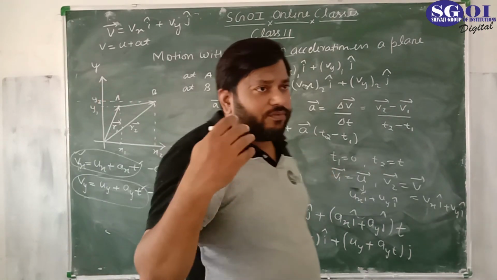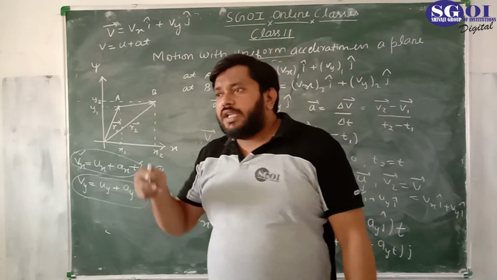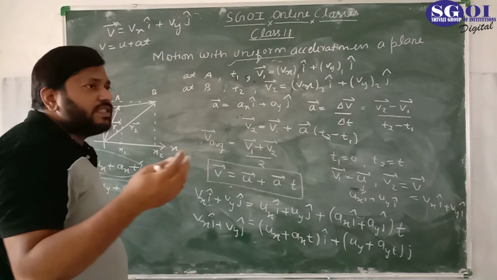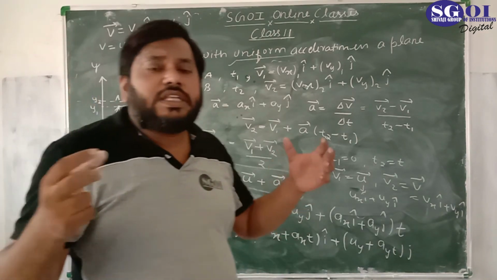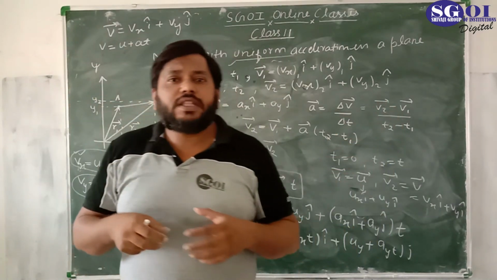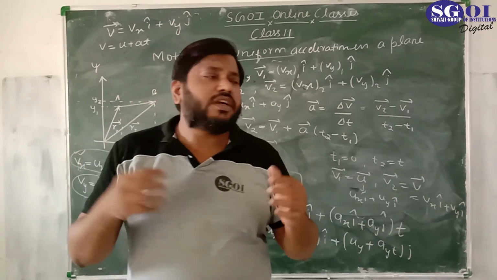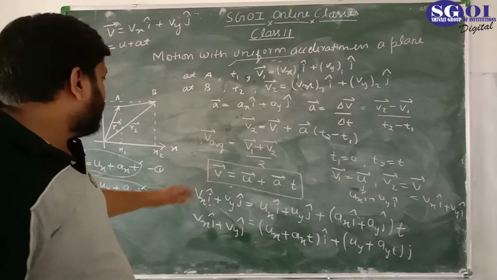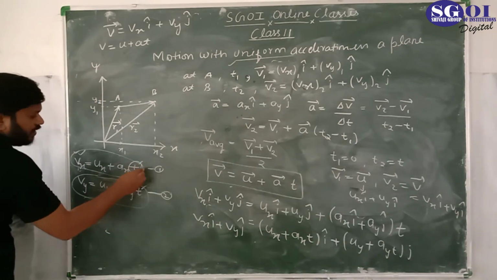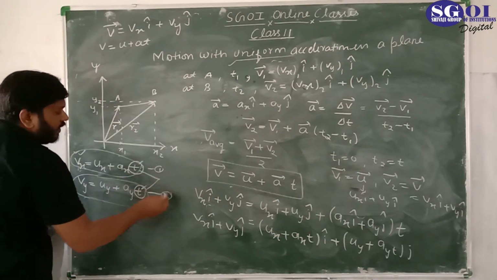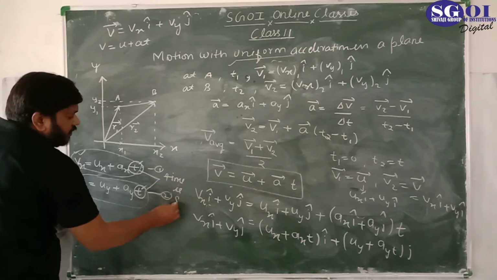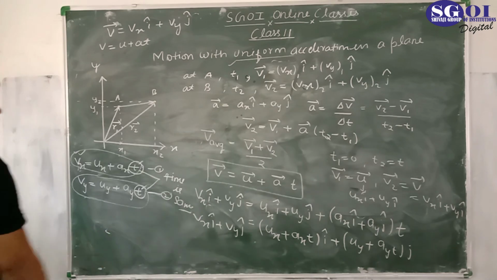The distances covered in the x-axis and y-axis could be different, but the time taken to reach the same point would be the same. Very important point here: time is the same.